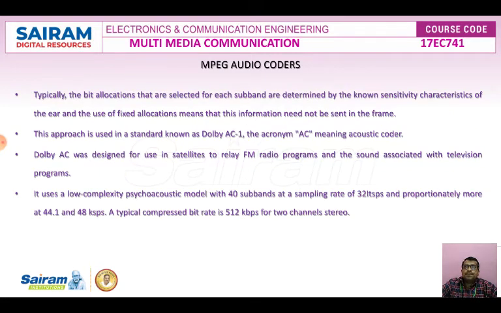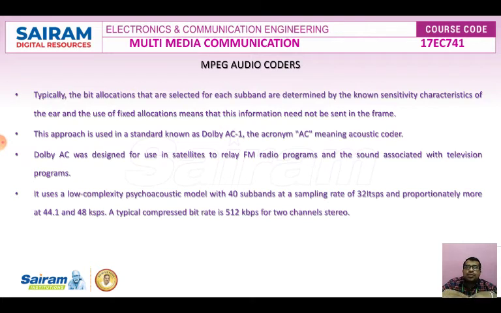So here the advantage of this MPEG coder is that the psychoacoustic model is required only in the encoder, and the disadvantage is that a significant portion of each encoded frame contains bit allocation information, which is inefficient for the available bit rates.